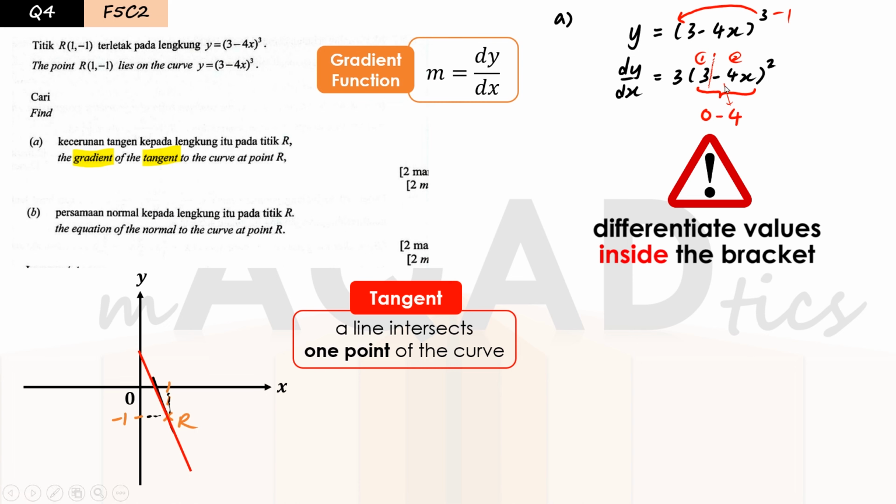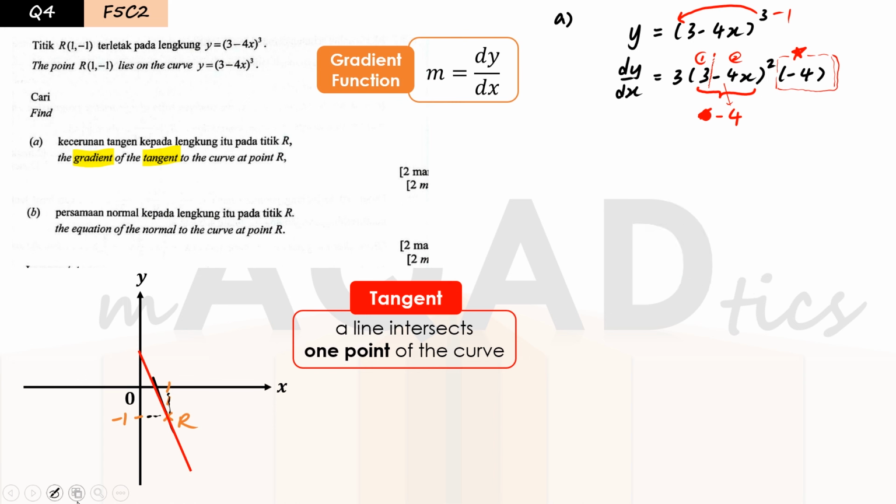And for negative 4, where should I put it? We should put it at the back of the bracket here. For this part, a lot of students will forget, so please make sure to remember to differentiate the things inside the bracket.